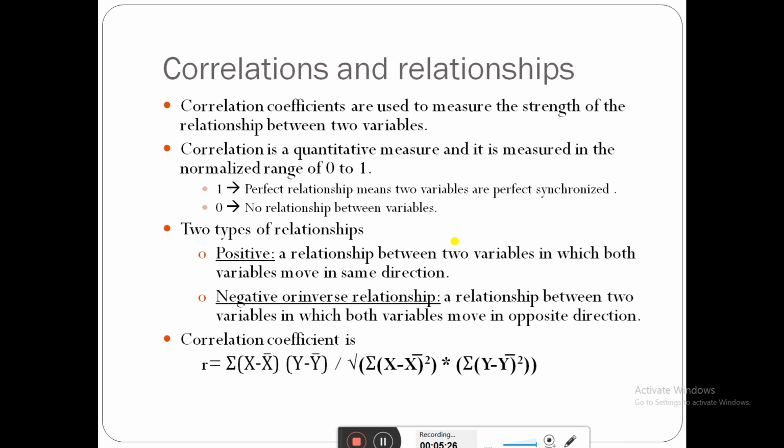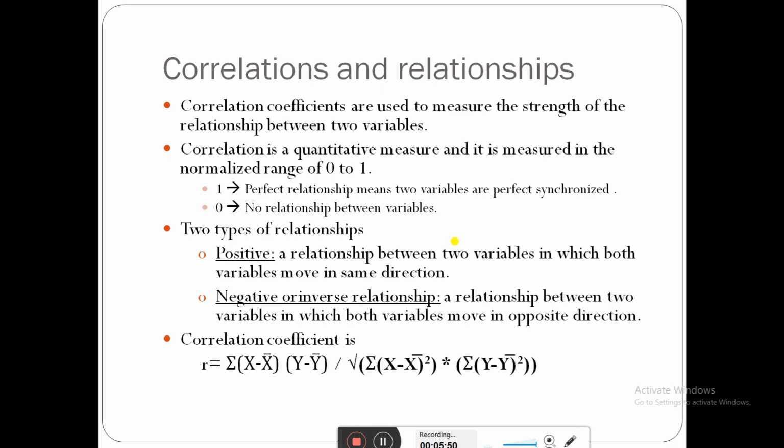We are going to measure that with the correlation coefficient. Correlation is a quantitative measure and it is measured in the normalized range of 0 to 1.